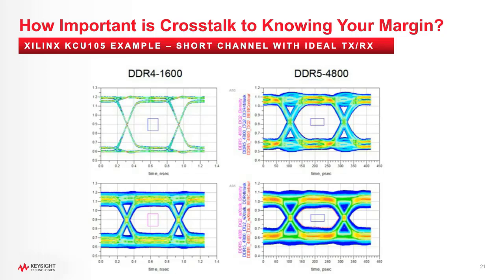And the final thing is about ISI, which is mostly due to mismatch in the channel. One of the things that you will see is that you get some degradation just by having even your nearest neighbors unterminated. So if you don't terminate those nearest neighbors in a representative load, then you'll find that you get more ISI just produced in the channel.